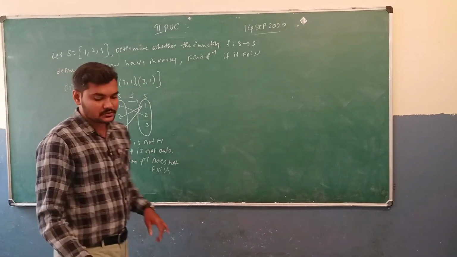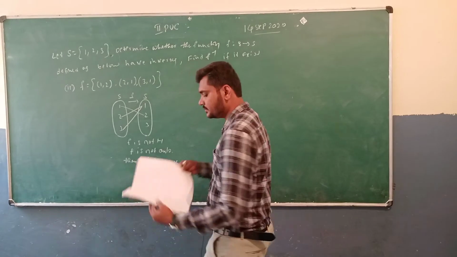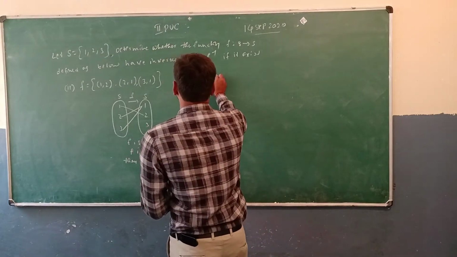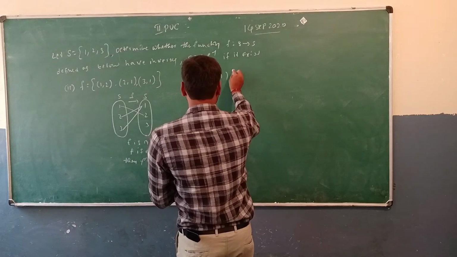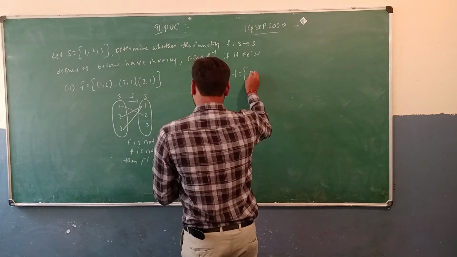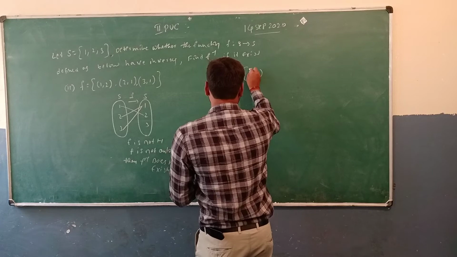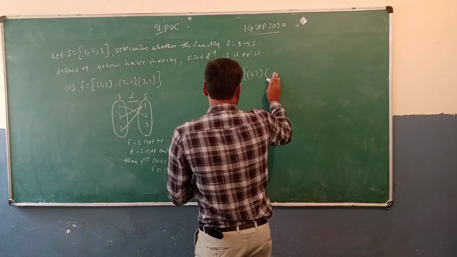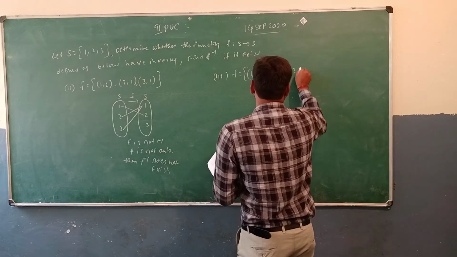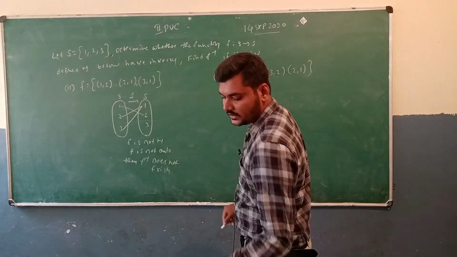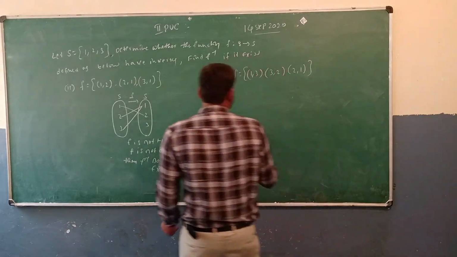Okay, so the next question, the third one. The third one is f is equal to (1, 3), (3, 2) and (2, 1). Here, notice what (2, 1) is.